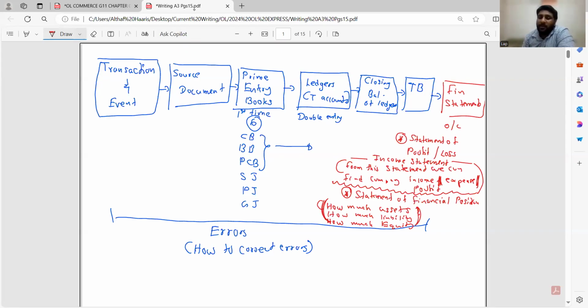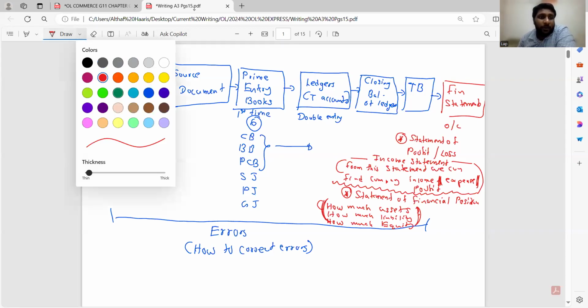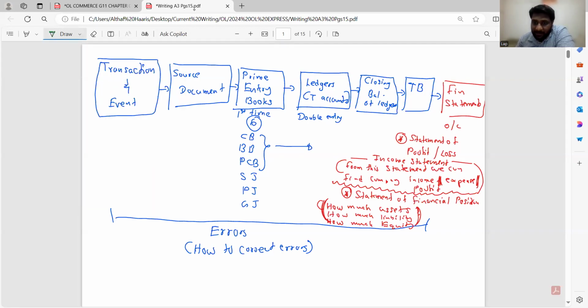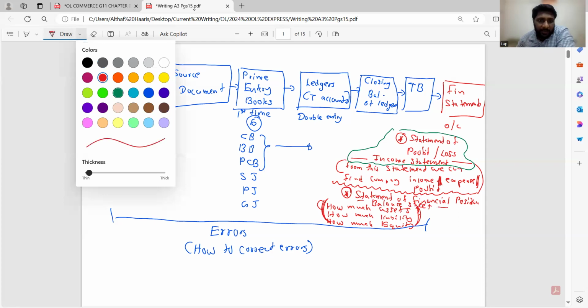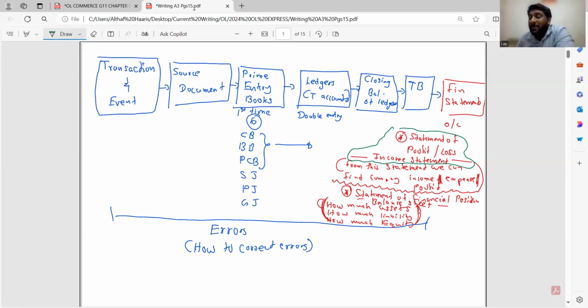Then people, you will be studying two statements in O levels. One is the statement of profit or loss, if not the income statement. Another one, statement of financial position. We will call it the balance sheet. So from the statement of profit or loss, the income statement, we find how much income, how much expenses, how much profit or loss is there.